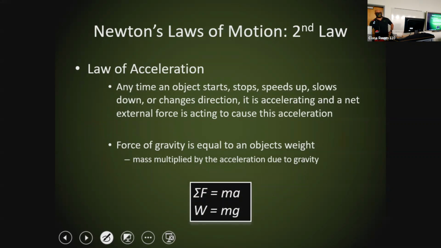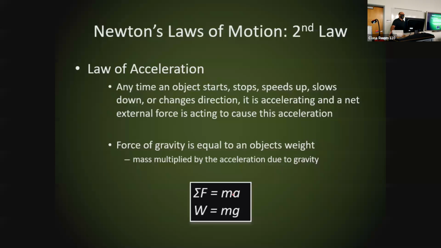So we can look at this too as gravity. It's the same concept. In fact, it's basically the same equation. The force would be the weight, and mass is the same in both equations.